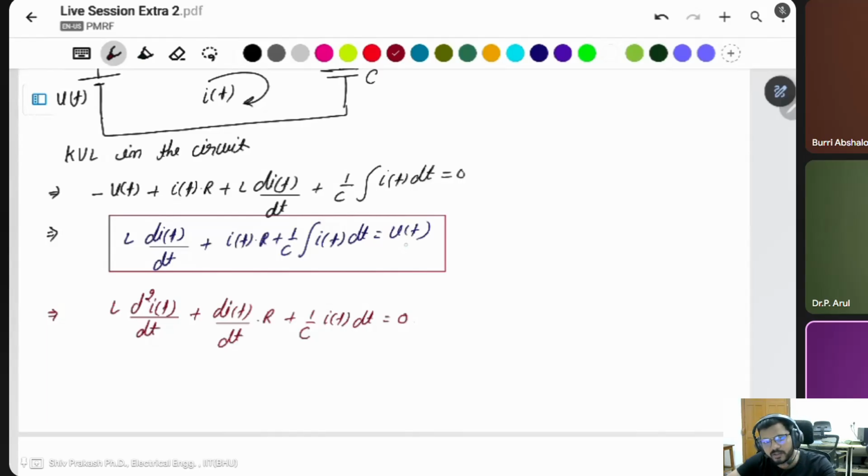You differentiate the constant term V(t), it will be 0. Now you have to solve this equation. That is the problem in solving this equation.